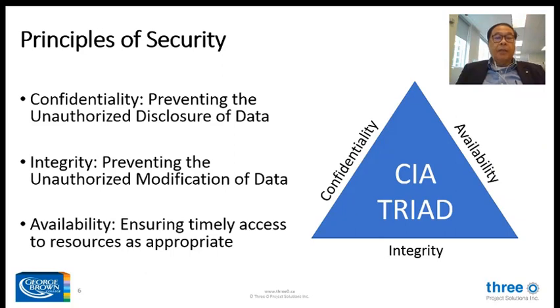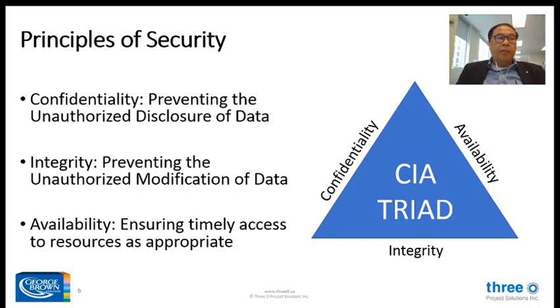Again, I'm going to bring back the CIA triad: confidentiality, availability, and integrity. This is what we refer to as the principles of security. Confidentiality, the C, means to prevent any unauthorized disclosure of data. Okay, this is, I think, the most intuitive part of the CIA triad, and everybody understands this.